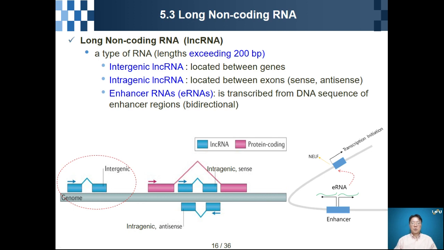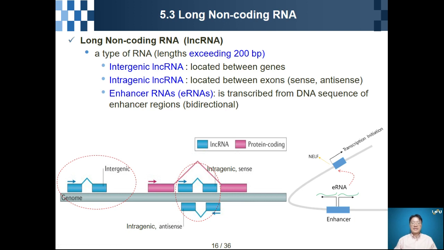Another long non-coding RNA is intragenic. So this is an exon and this is an exon. So intragenic non-coding RNA is located between the exons. This one will become sense, and this one will become antisense intragenic long non-coding RNAs.